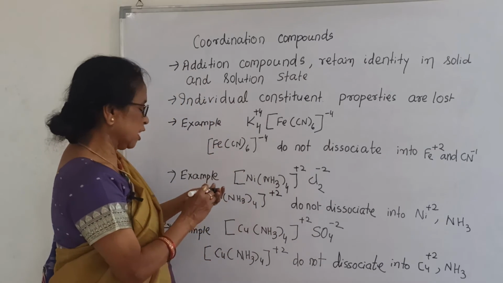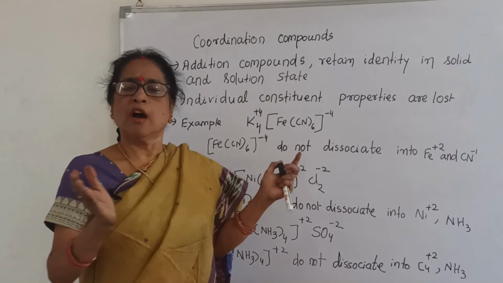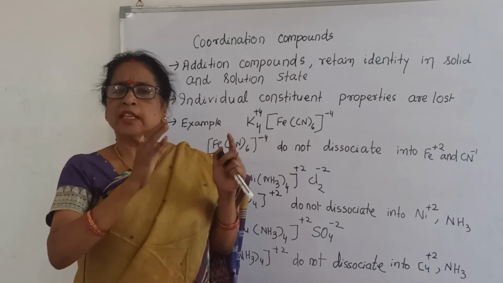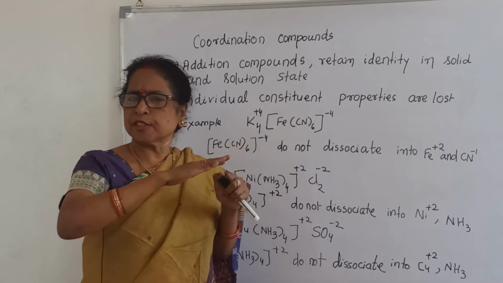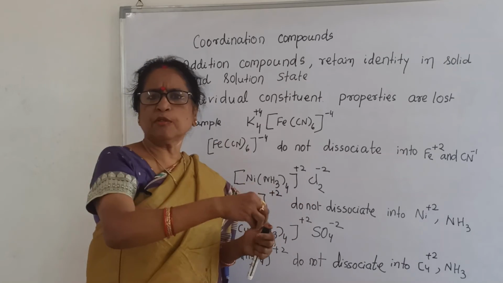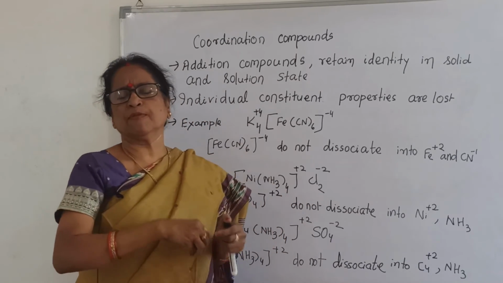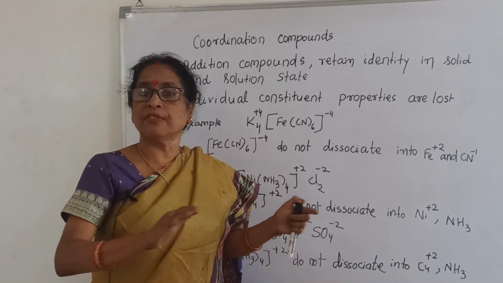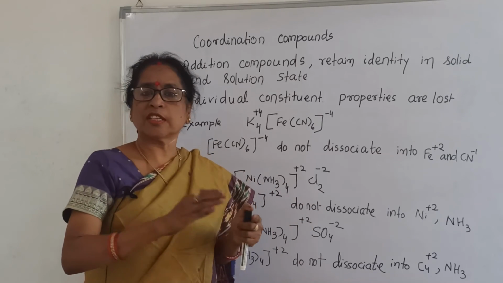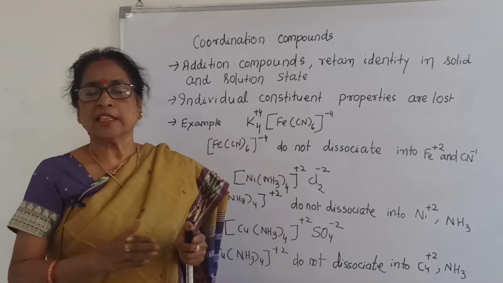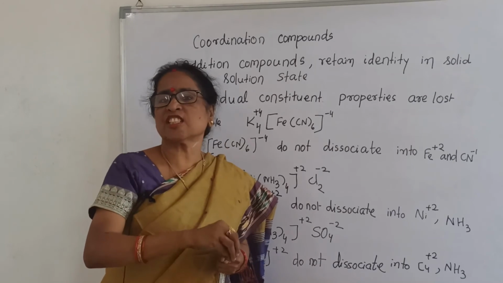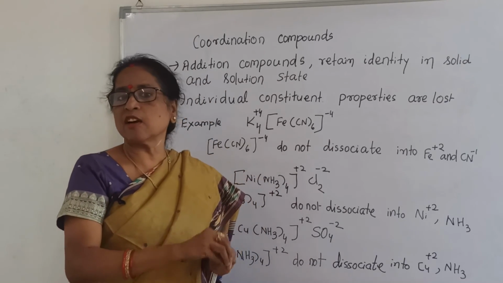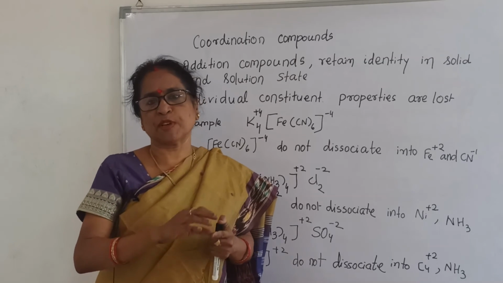Again, see what is the difference between a coordination compound and a double salt. A double salt means the constituents are stable in the solid state, but when you add water it becomes an aqueous solution. Then the constituents K plus, Cl minus and SO4 minus 2 are free, and they show the tests of acid radicals and basic radicals respectively.